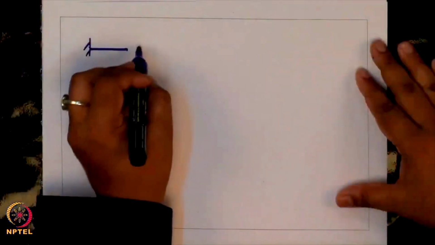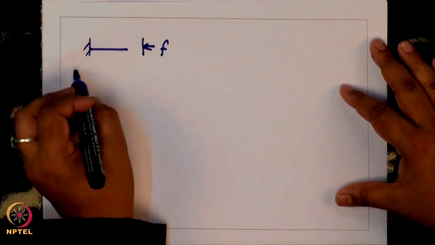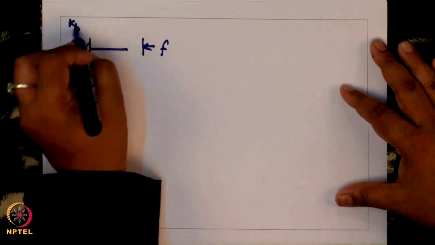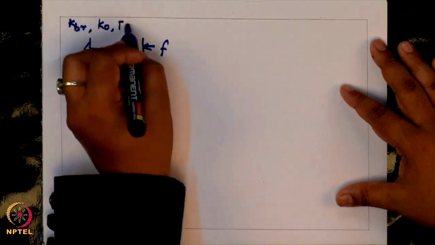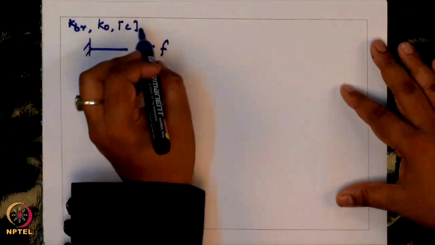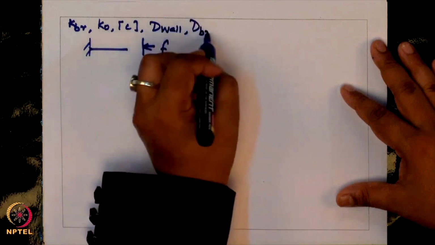So, now imagine the simple case: you have this system with one branching rate, K0, C, everything is given, D wall is given and dBr is given.